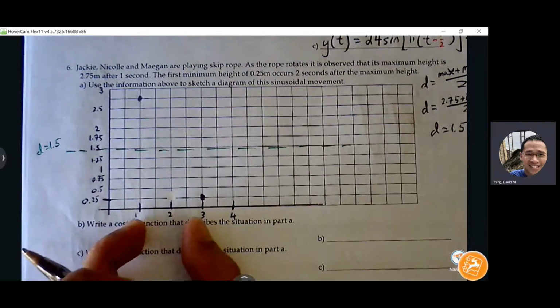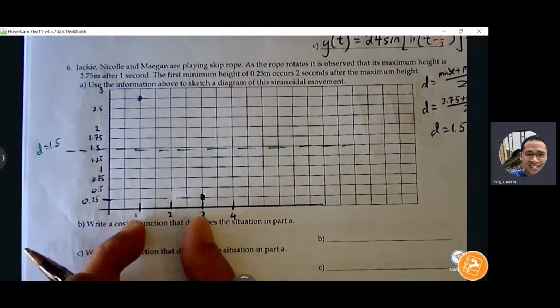But from 1 to 3 seconds, how much of the period has occurred? Half. Good.